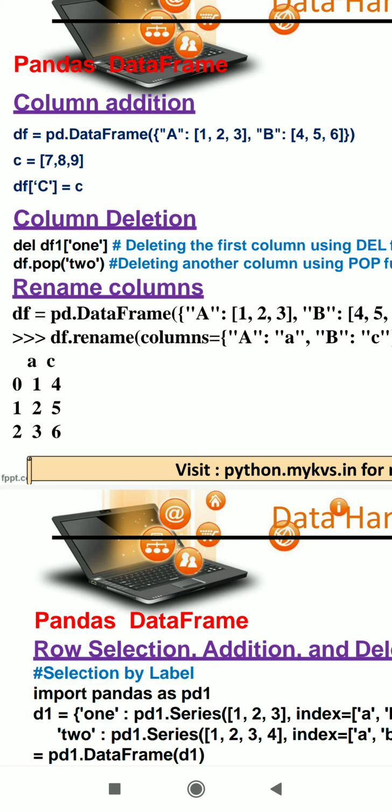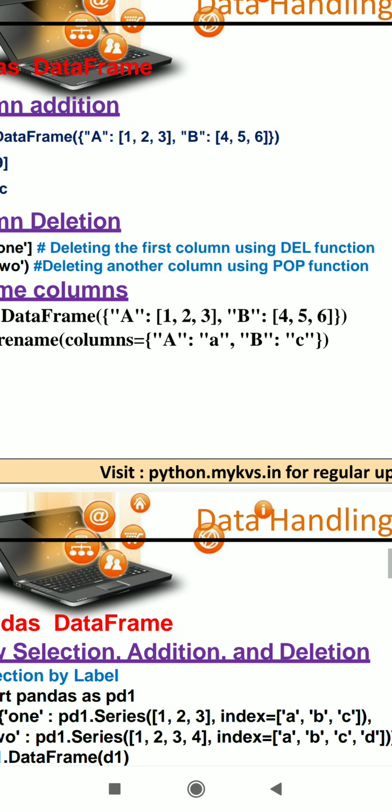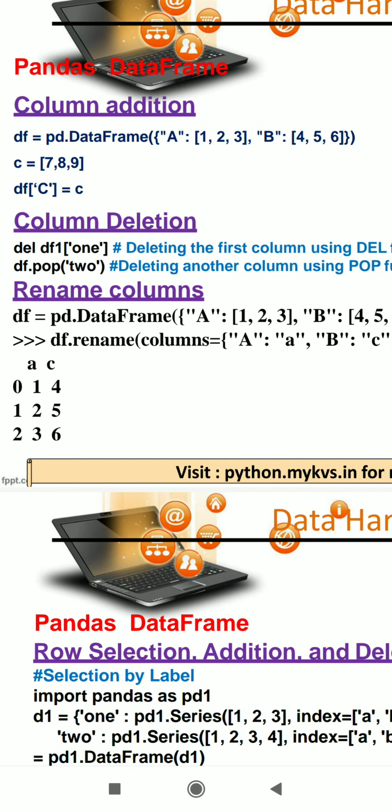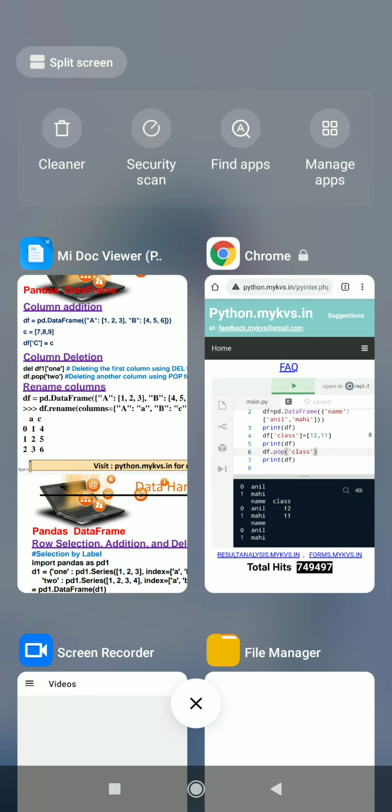We have to call the rename method along with one attribute, columns equal, and inside that we will mention the earlier column name and the new column name. Here, columns equal capital A colon small a means capital A column name will be changed to small a. Okay, I write the same program here.